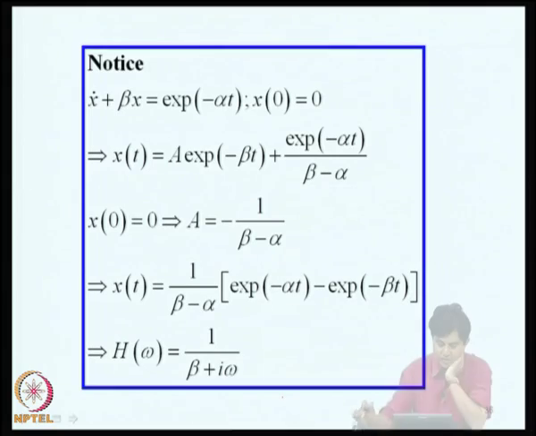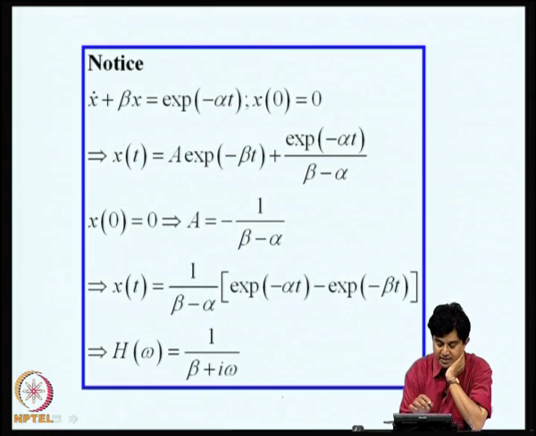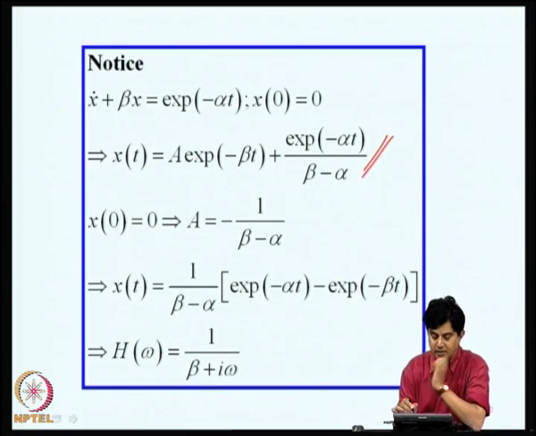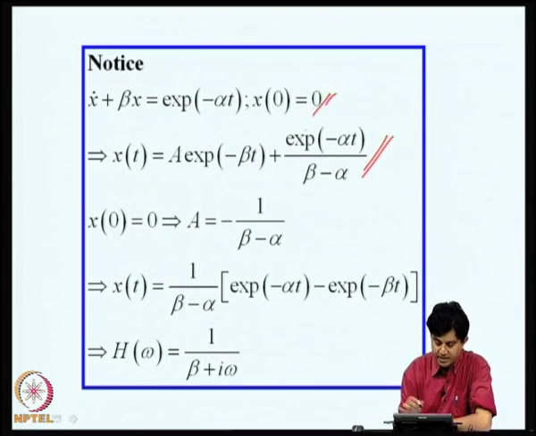Now, to gain a bit of insight into this, consider the dynamical system x dot plus beta x equal to e raised to minus alpha t, starting from rest. We can see that the solution to this problem will be in this form, and if we take the zero initial condition, we get x of t as 1 by beta minus alpha times this.